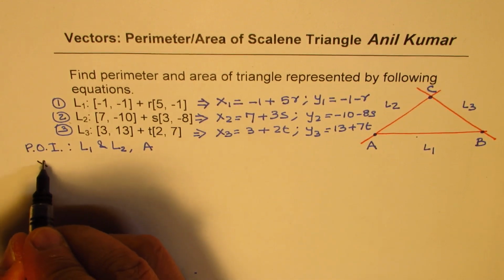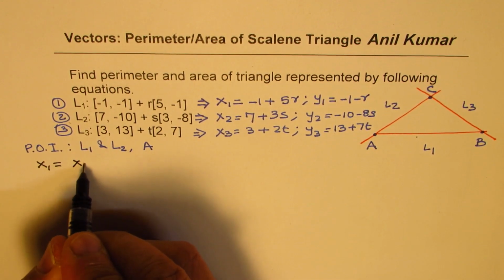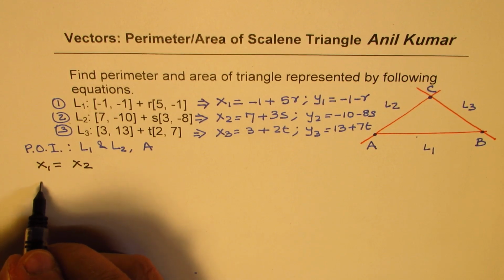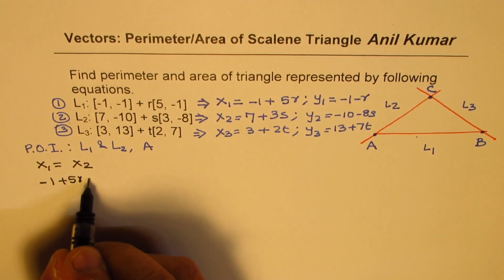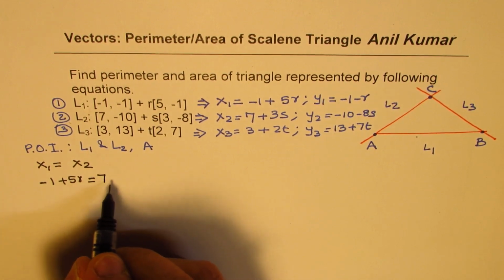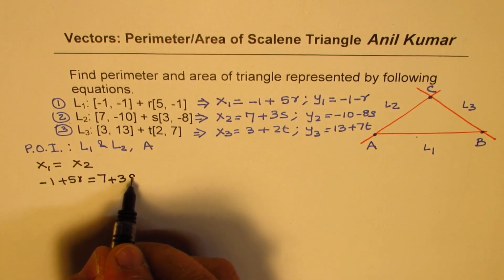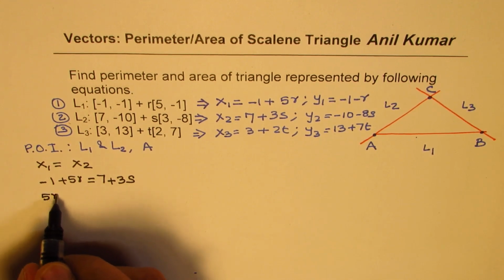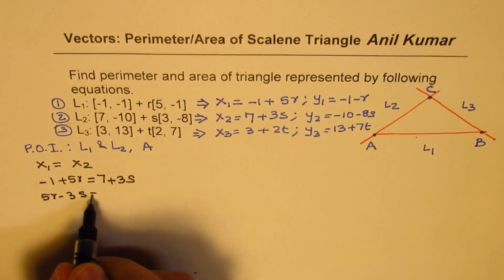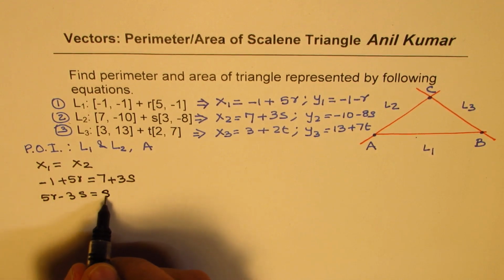That is to say, -1 plus 5r equals 7 plus 3s, right? So let's bring these terms together. 5r minus 3s is equal to, taking 1 on this side, 8.